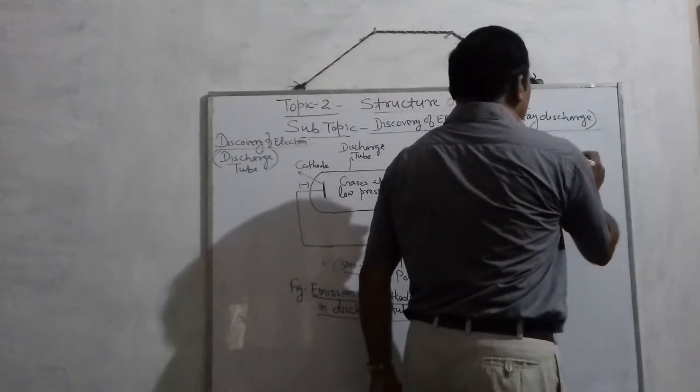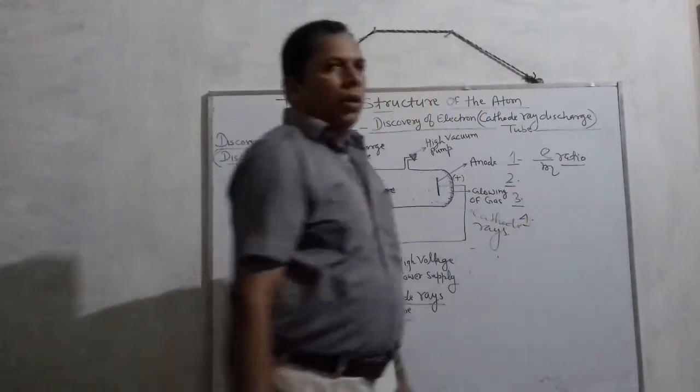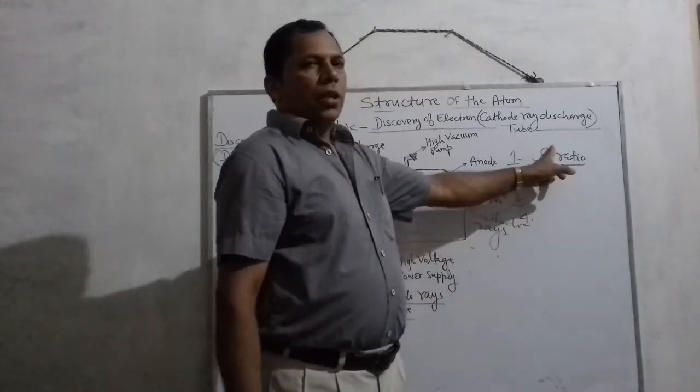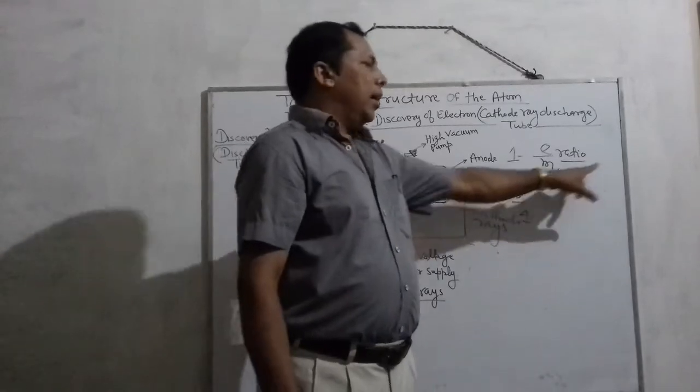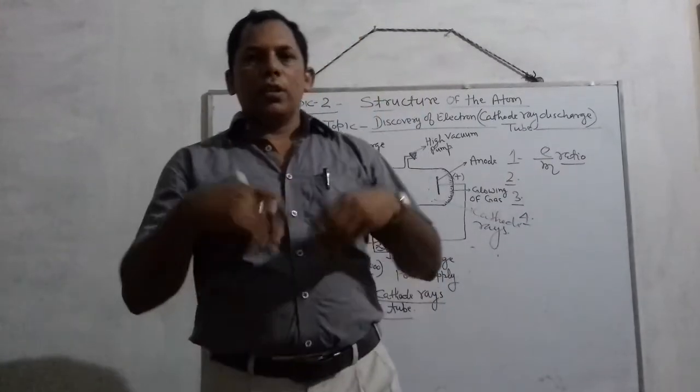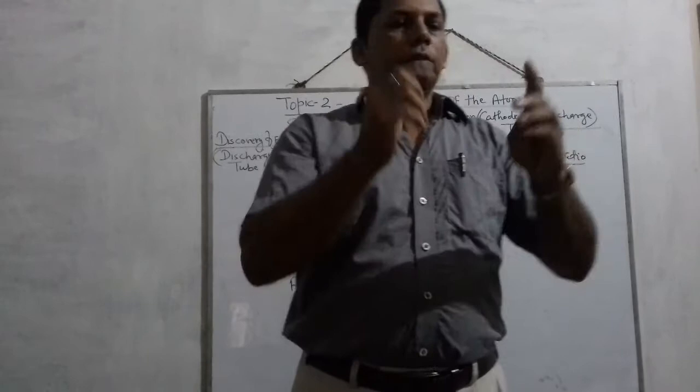Shortly known as the e by m ratio, that is the charge of the electron divided by the mass of the electron, it is termed the e by m ratio.